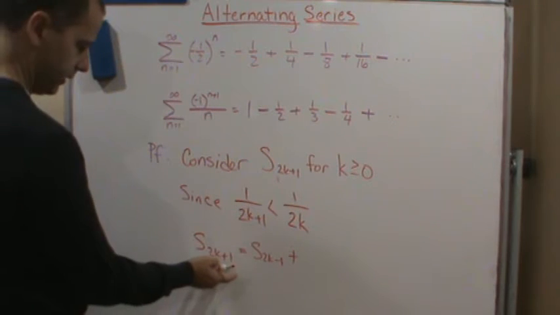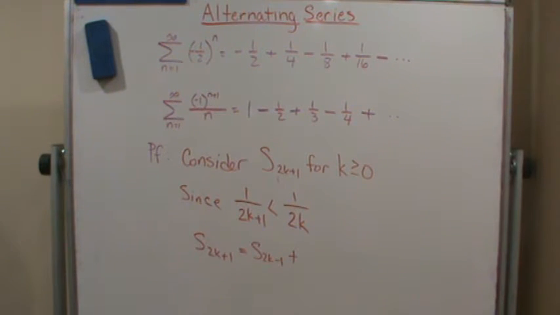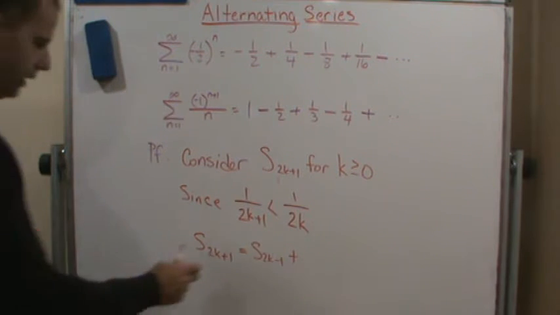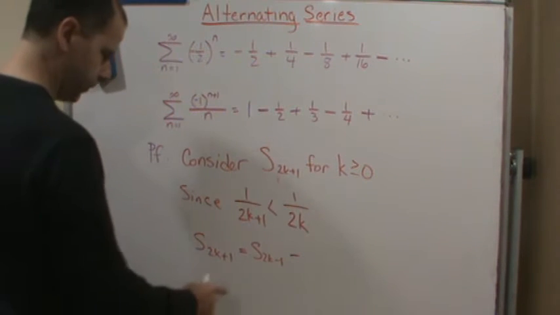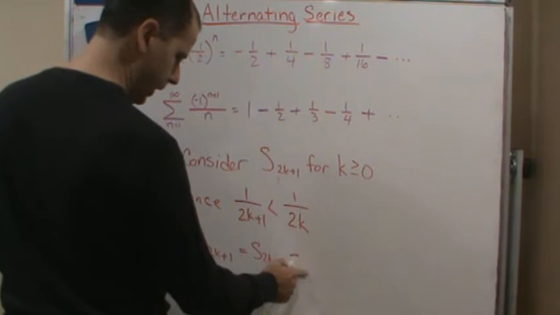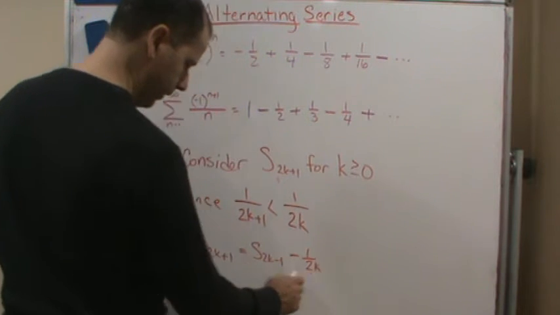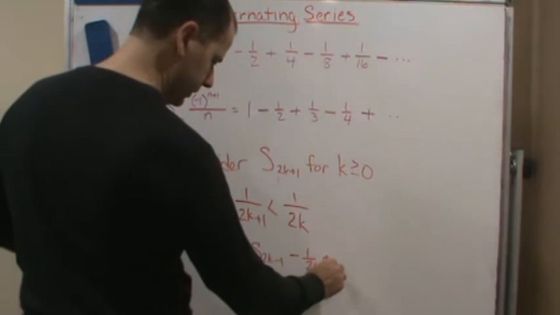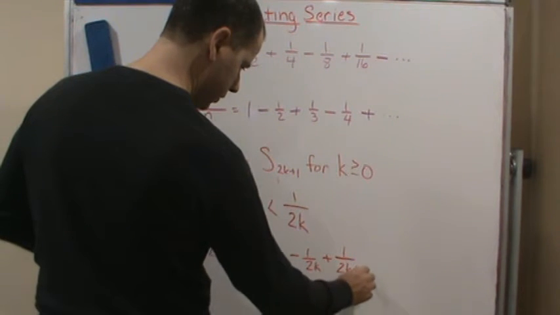So we're going to take this partial sum, minus 1 over 2k, and then plus 1 over 2k plus 1.